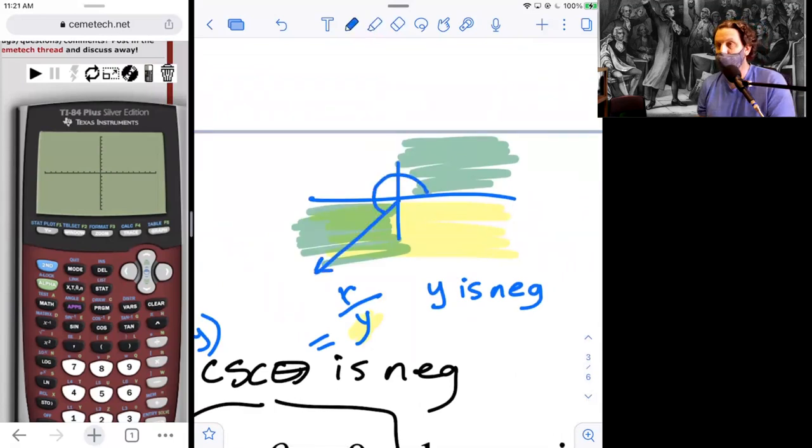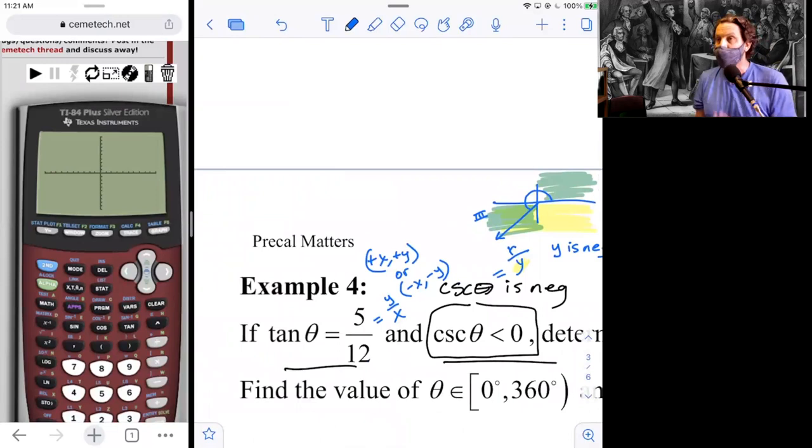That's the only quadrant that satisfies both. So we know it has to be in quadrant 3. See how that works? That's kind of fun. That's why I call it a two clues. You need one trig ratio so that you can generate numbers, but really all you need is the sign of another trig ratio. And that'll pinpoint. So each of those two clues, and this is more like what I'm going to be doing, each of these two clues will put you in two quadrants.